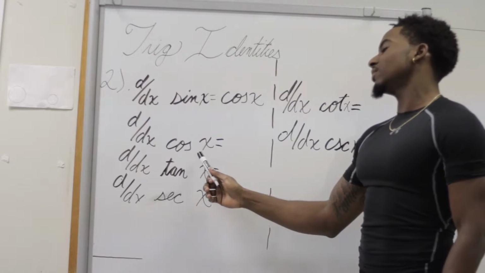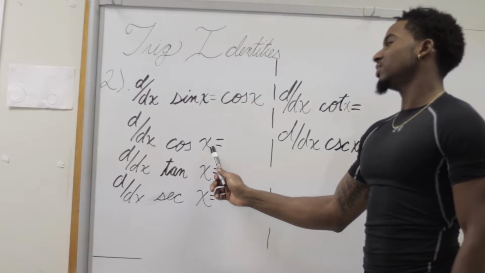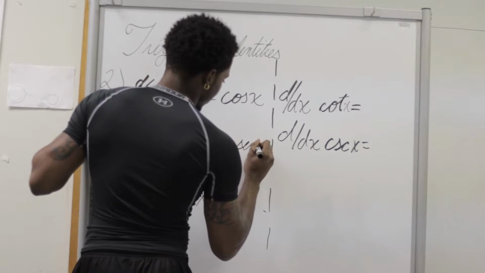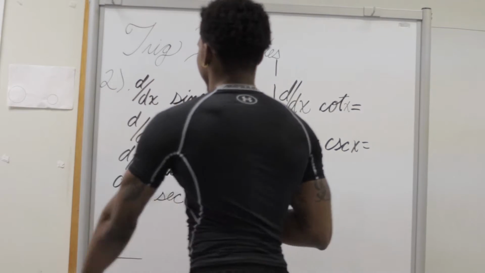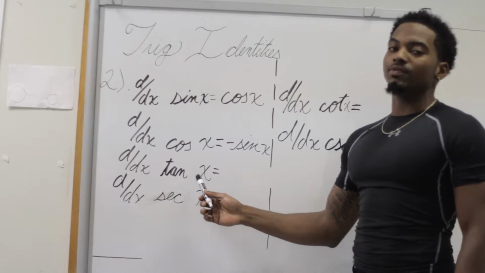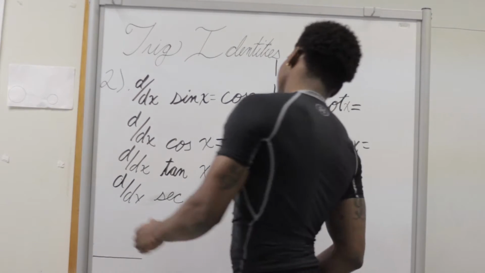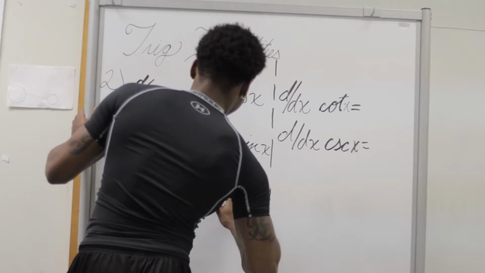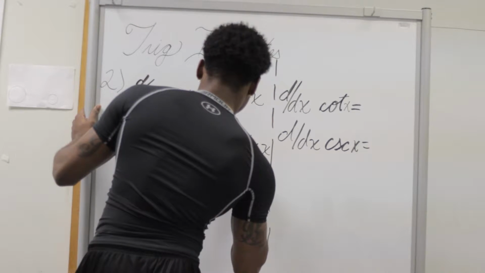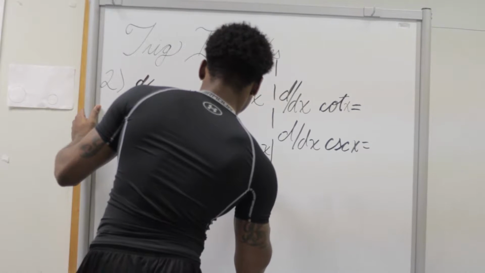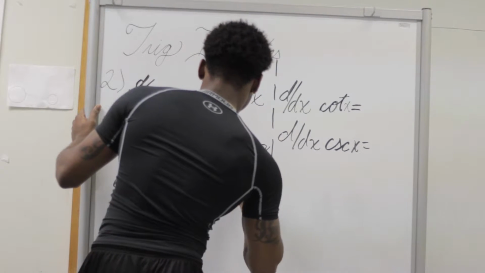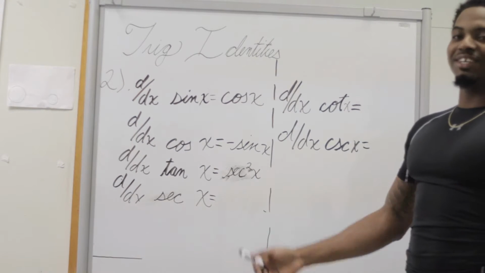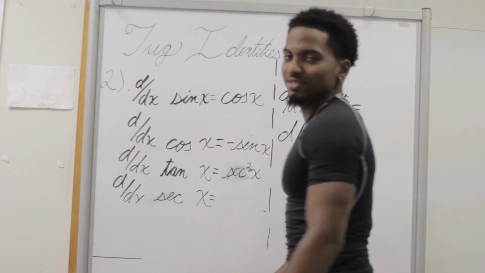Then next, you want to find the derivative of cosine x, which is sine x, but negative. After that, we're going to find the derivative of tan x, which is secant squared x.